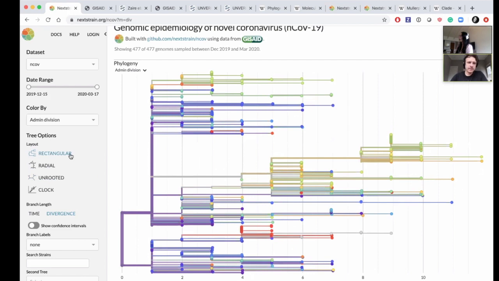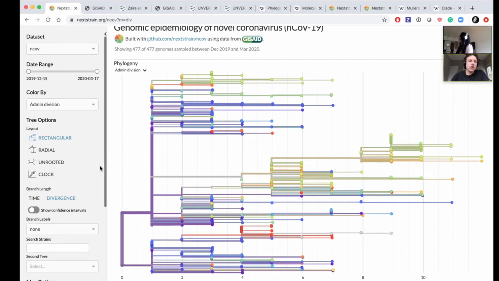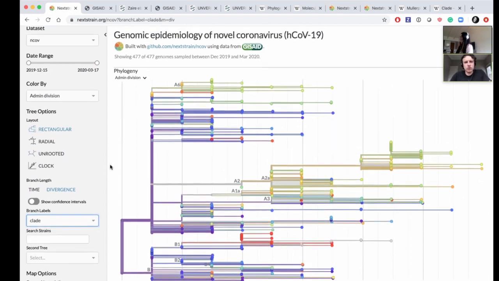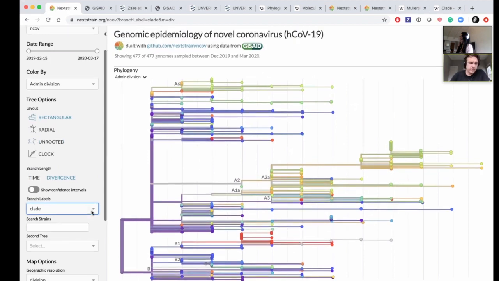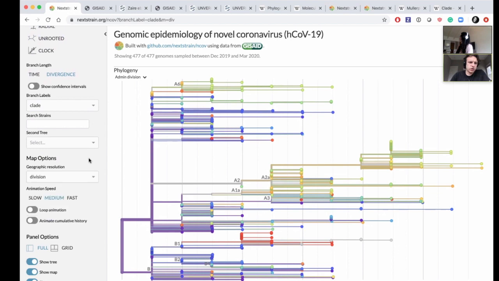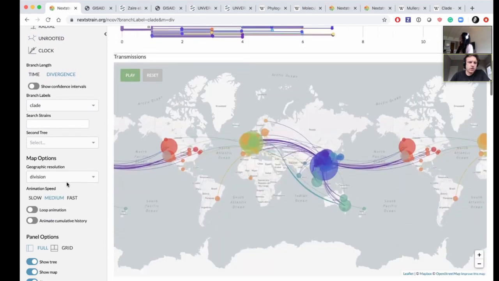Oh, sorry, go ahead. No, you go. I was going to ask about the rest of the options on the left-hand side, because I think we've covered a good chunk of the top three quarters. And then there's branch labels. Right. So again, to go back to clade, we can label the tree by clade, and we can change the map resolution to country.